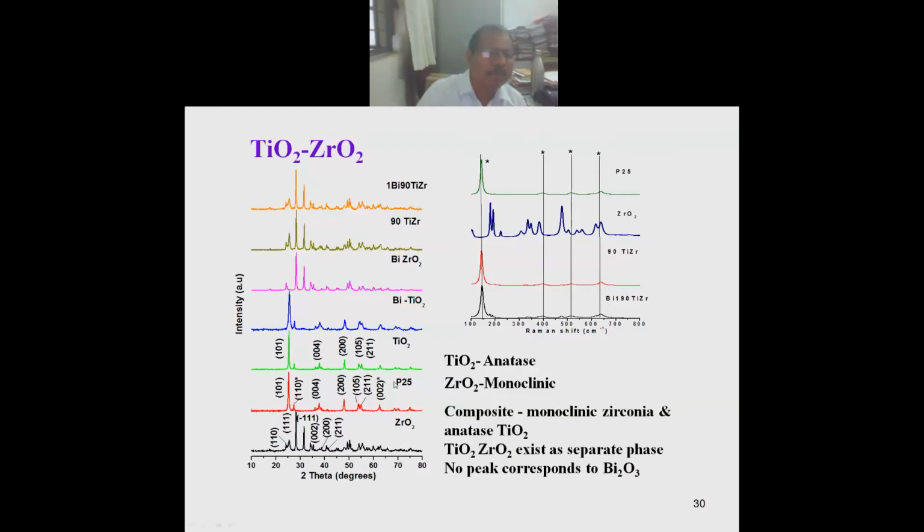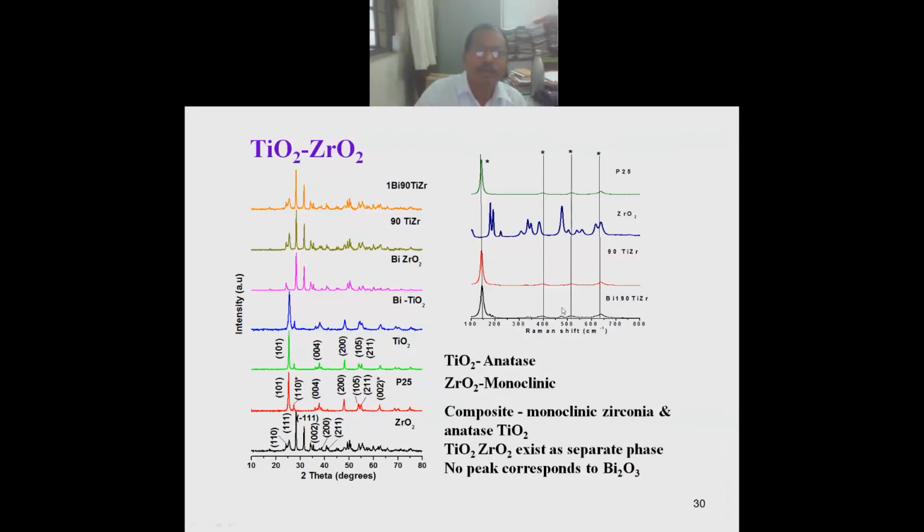This is P25, which is nothing but commercial TiO2, consisting of anatase and rutile. This is the anatase, and ZrO2 is monoclinic, and in the composite it shows monoclinic zirconia and anatase TiO2. ZrO2 and TiO2 are separate phases, and there is no phase corresponding to bismuth oxide. So bismuth remains on the surface and acts as a dopant.